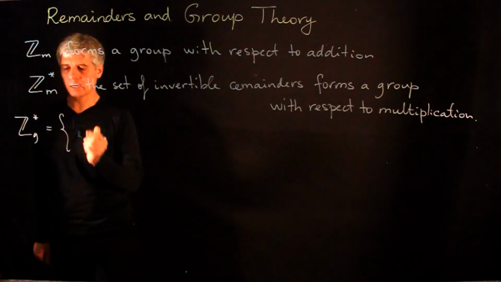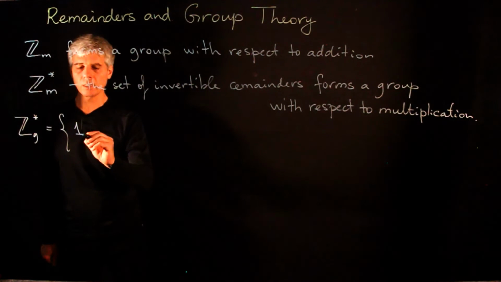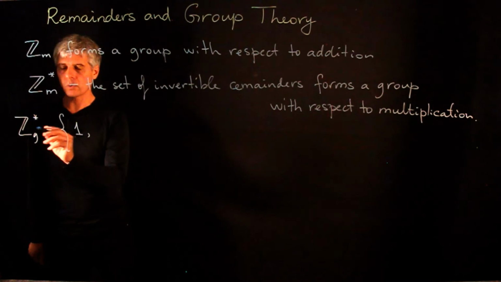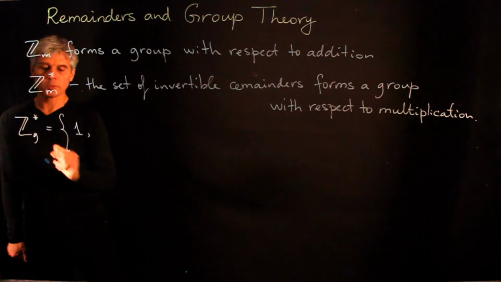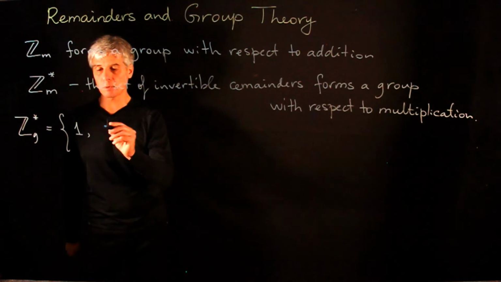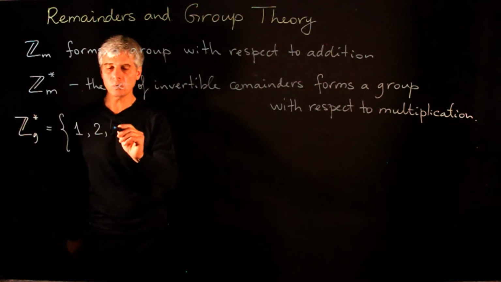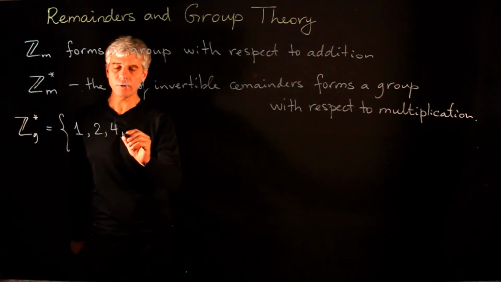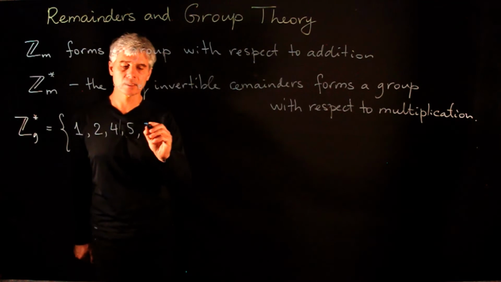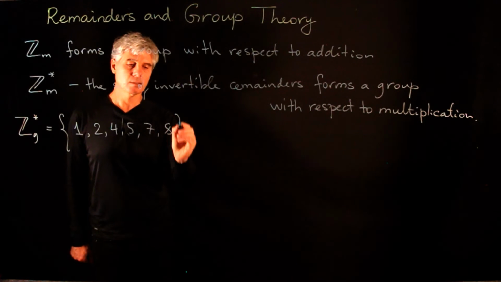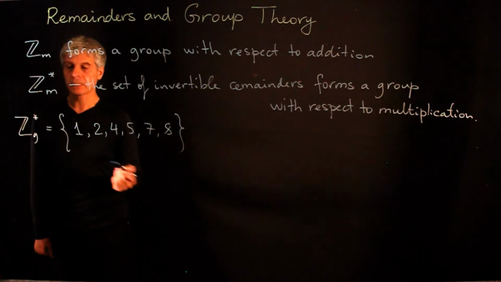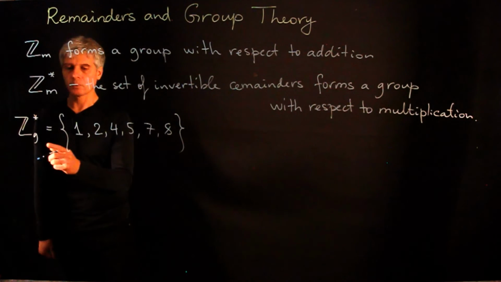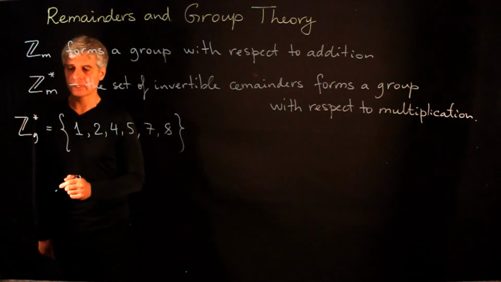Well, 0 is not here because 0 is not invertible. And then we know that we should exclude remainders that are not co-prime with 9, that is, divisible by 3. So we get 1, 2, skip 3, 4, 5, skip 6, 7, 8. Right. So here we have a group with 6 elements, and the operation here is multiplication.